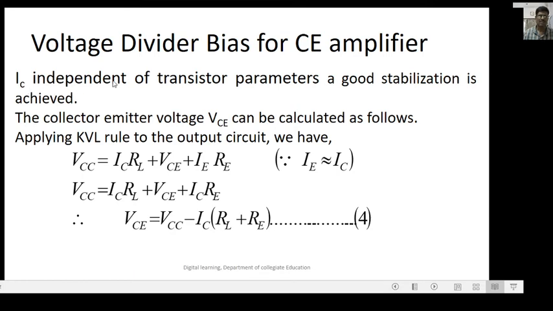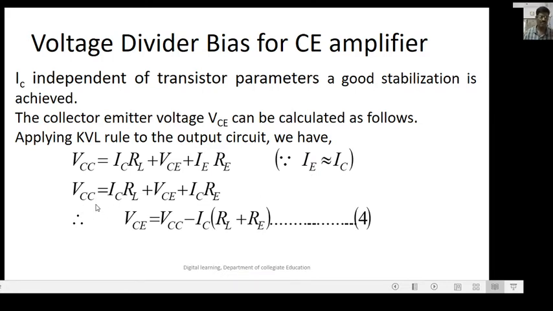So here IC is independent of transistor parameters, so good stabilization is achieved. The collector emitter voltage VCE can be calculated as follows. Applying Kirchhoff's voltage law to the output circuit, we have VCC equal to ICRL plus VCE plus IERE, because IE is always equal to IC.